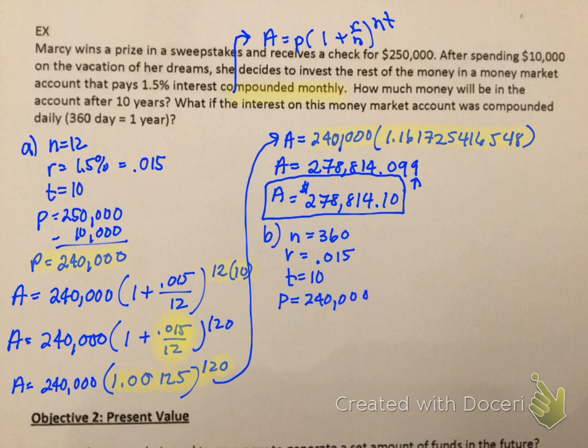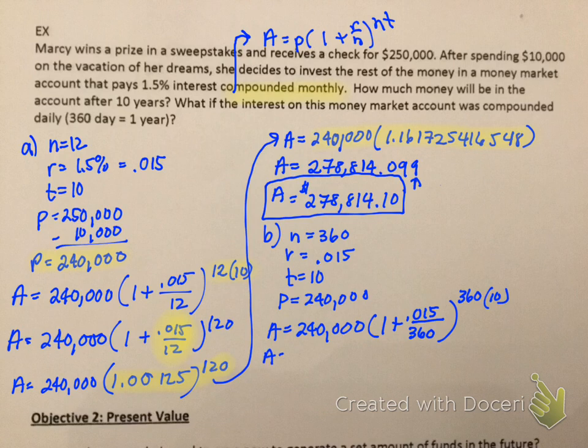Okay, so we just use this again. So amount equals 240,000 times 1 plus rate 0.015 over n, which remember now is 360, raised to the n, 360, times t, which is time, which is 10.